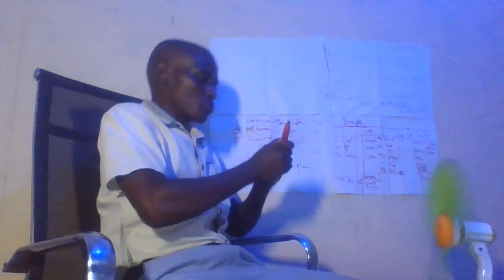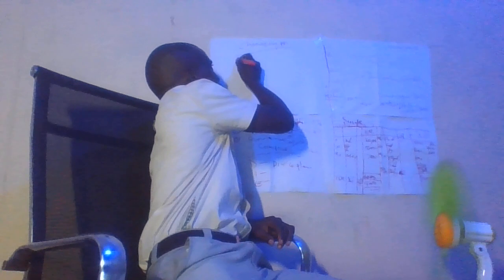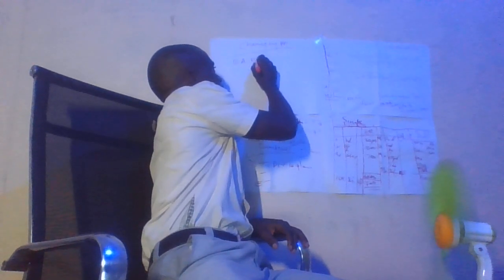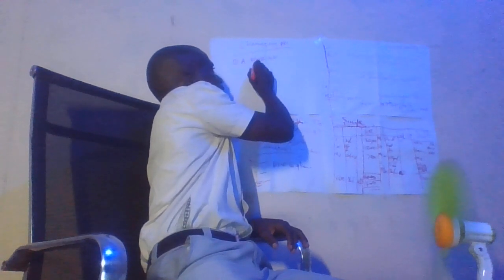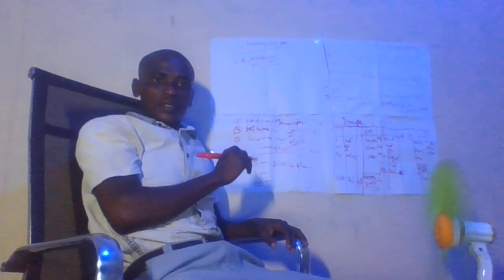Now this is what you're supposed to do. Chemistry PP1, question 1. Element A has a mass number of 40, but the number of neutrons is 21. So get the difference.